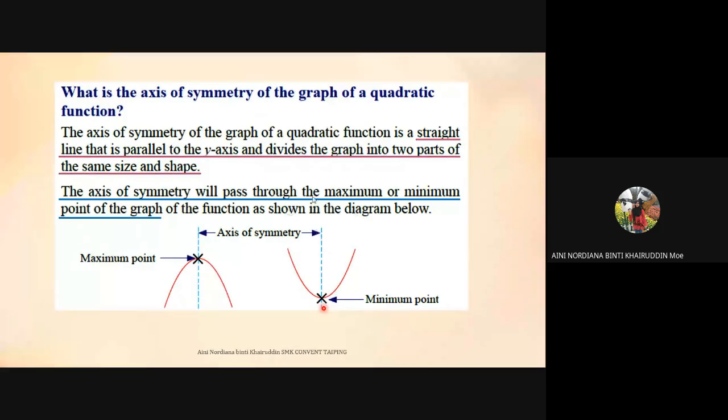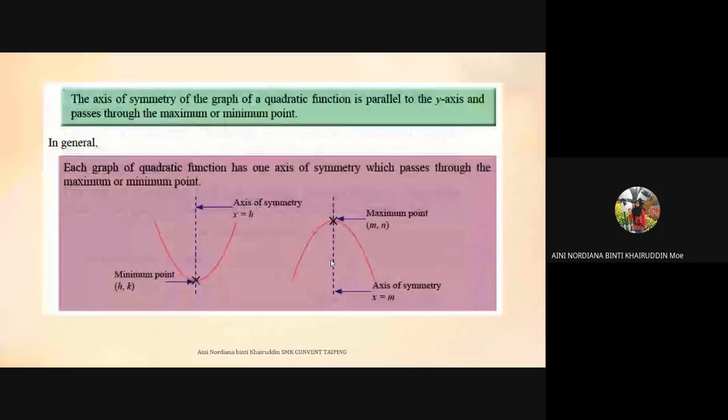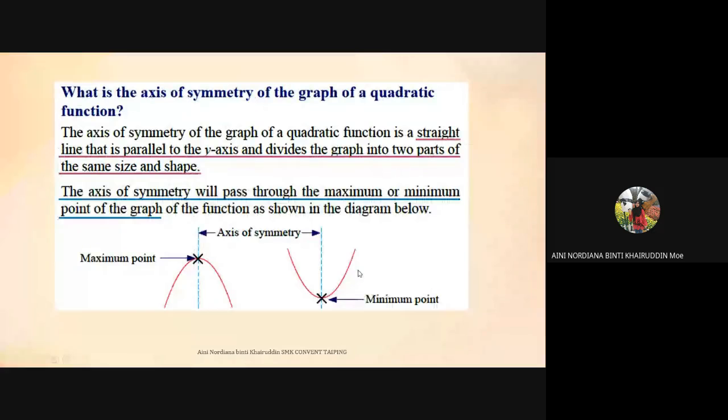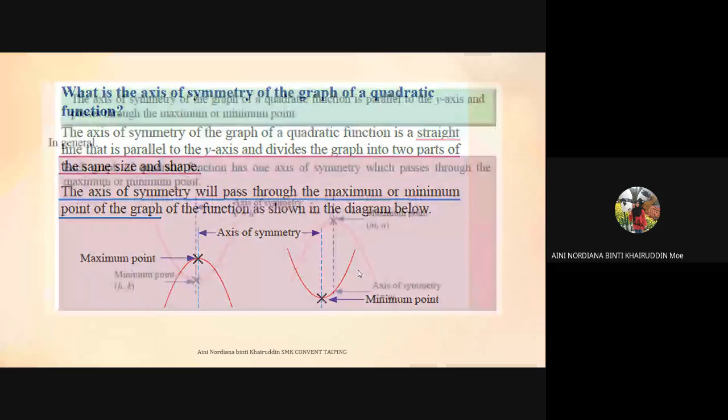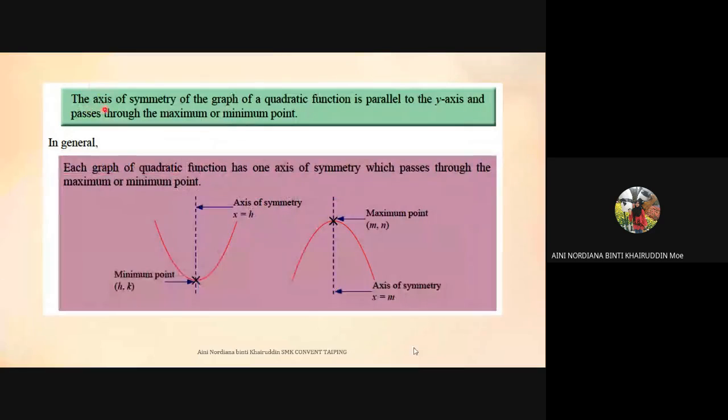For smile shape graph, the axis of symmetry passes through the minimum point and divides the graph into two equal shape or size. This one conclusion lah daripada apa yang I cakap tadi.